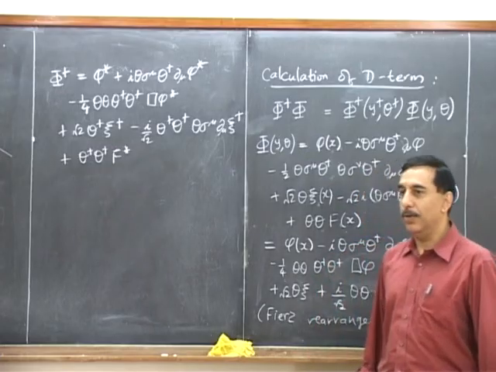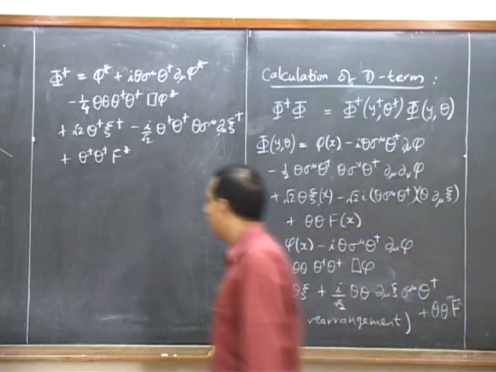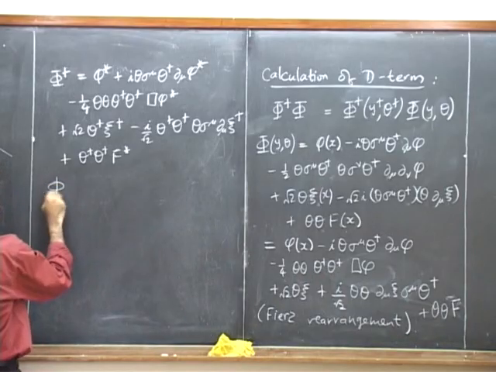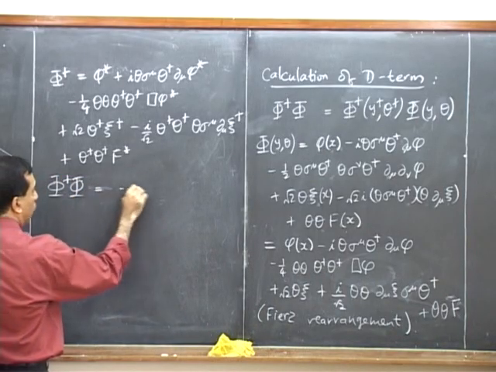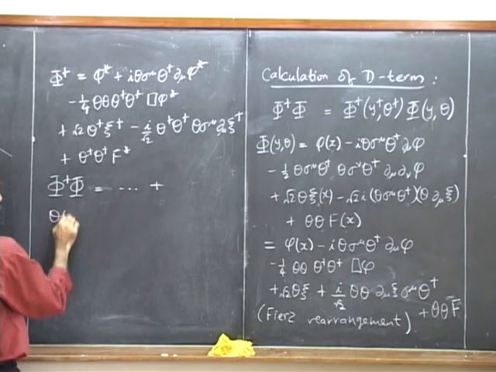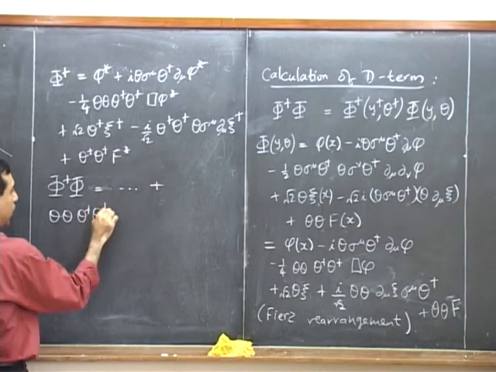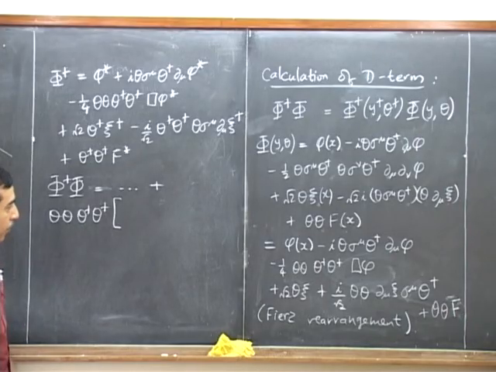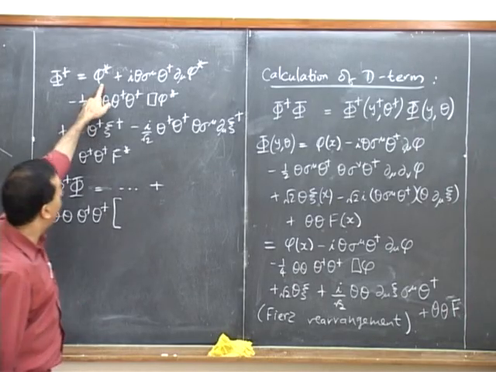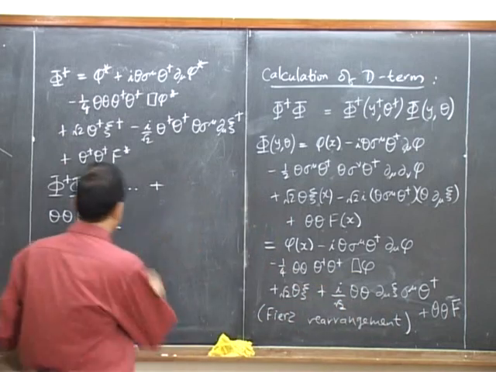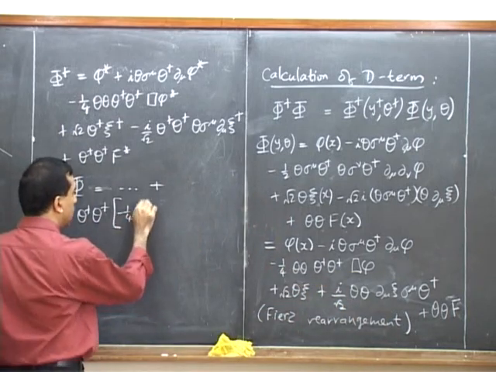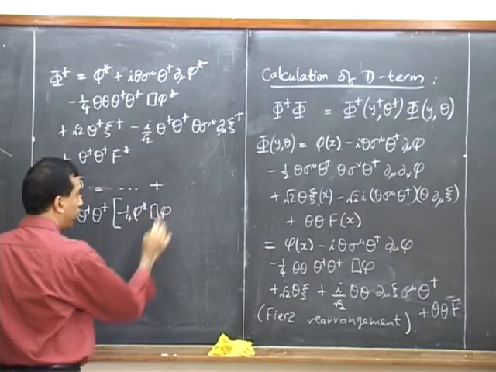Thank you. We only have to look at the theta dagger terms, and therefore for purposes of our discussion, phi dagger phi is equal to all sorts of stuff that we don't care about, plus theta dagger, something. Now that something will involve phi star times this guy, so that's minus 1/4 phi star box phi.